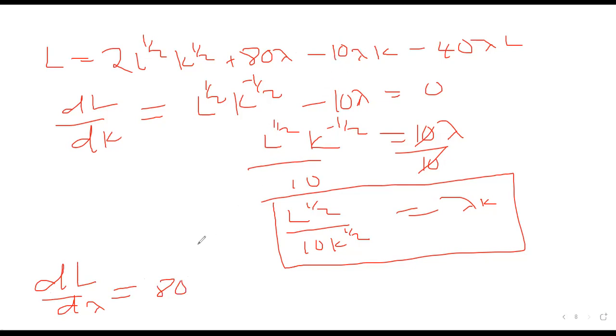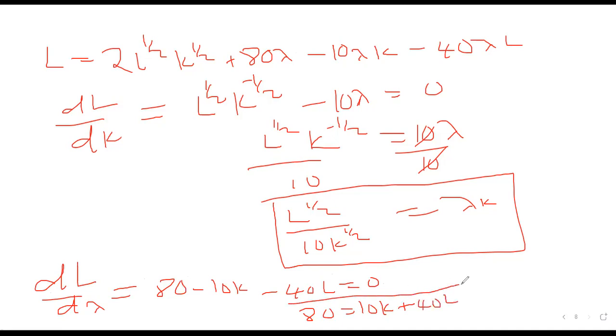Negative 10K lambda is negative 10K. Negative 40 lambda L is negative what? 40L. So when we get this to 0, we just bring in these constants. We're simply going to have 80 is equal to 10K plus 40L. So this is just giving us a budget line.